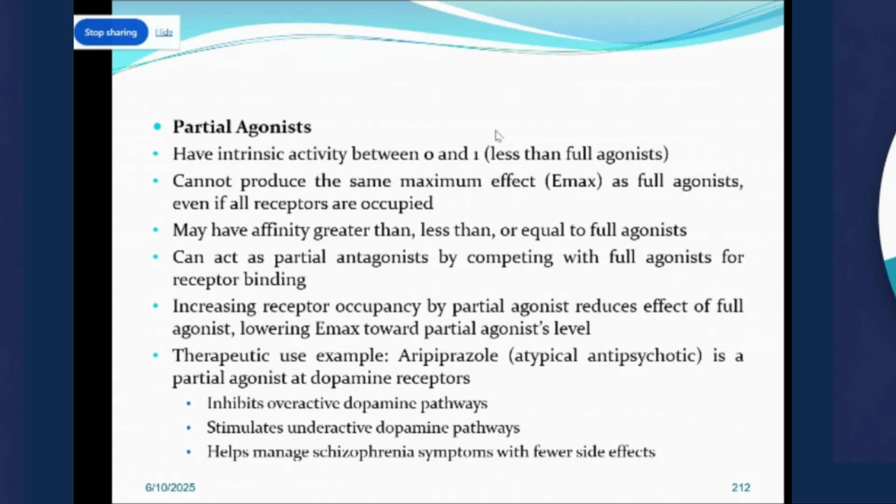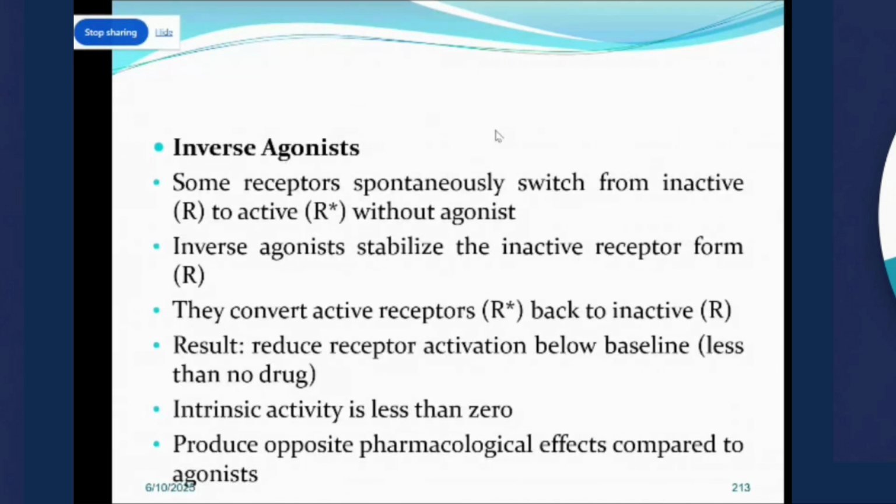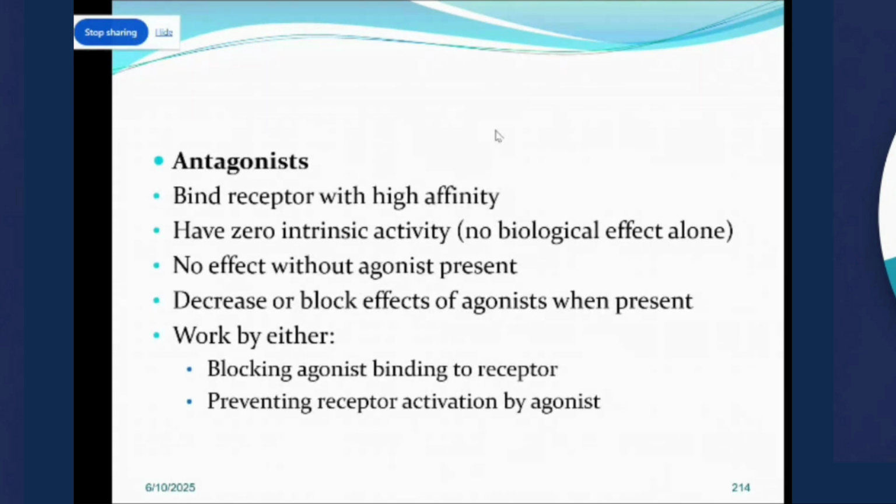So in effect, the dopamine effects don't disappear completely. Some pathways are inhibited, some, the less active ones, are stimulated. And that is why the drug manages the schizophrenia or the psychosis without a lot of the side effects that are characteristic of the other drugs. Those are the things we are going to look at in due course.